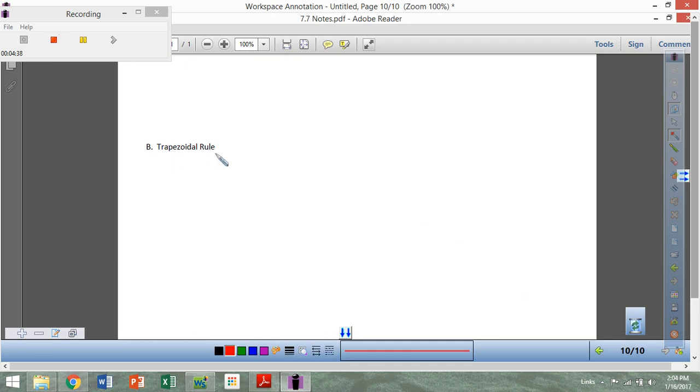So using trapezoidal rule, again, I'm estimating the same integral using trapezoids. My delta x is still going to be 1/5, but what I want out front is delta x divided by 2. So I'm going to have 1/5 divided by 2 out front. And then again, I'm going to go from 1 to 1.2 to 1.4 to 1.6 to 1.8 to 2.